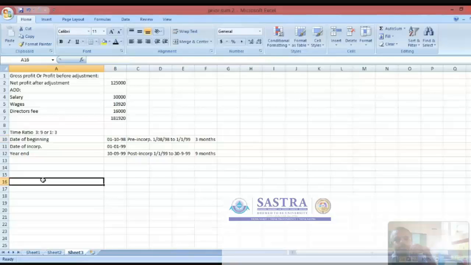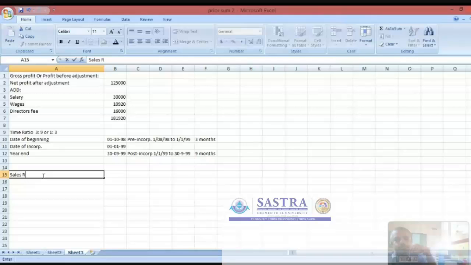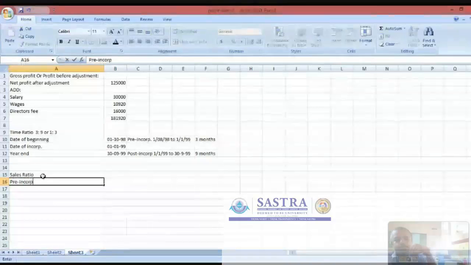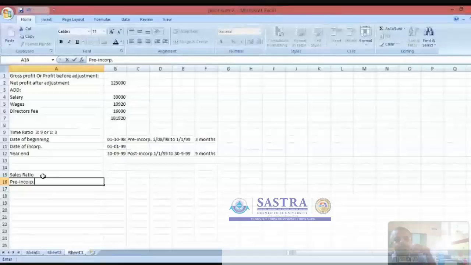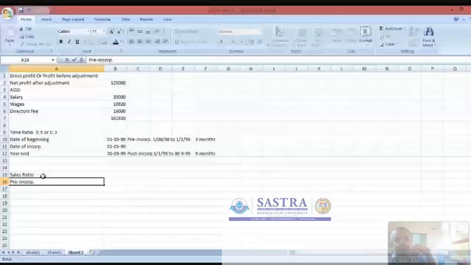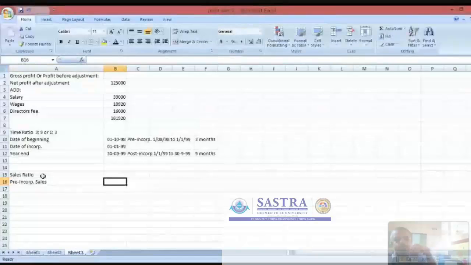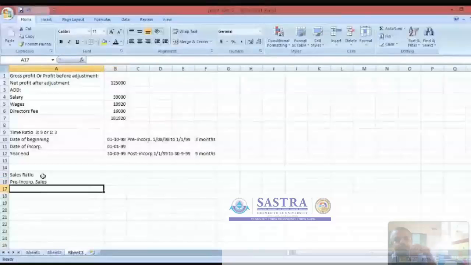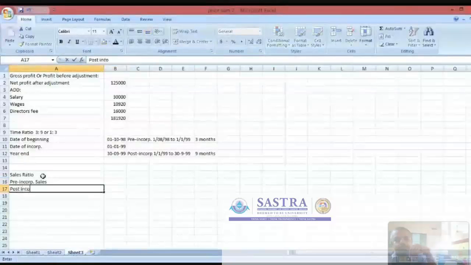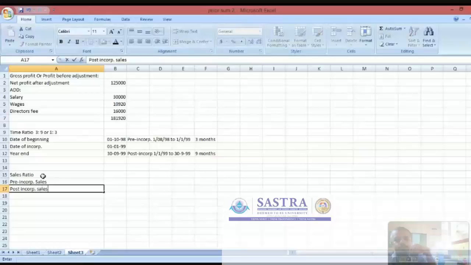Okay. Now sales ratio, I hope sales ratio will be easy. Pre-incorporation sales is considered how much, and we need to find out post-incorporation sales.